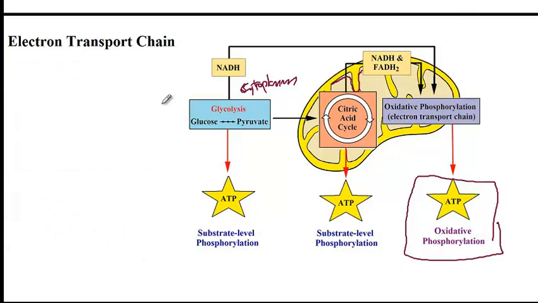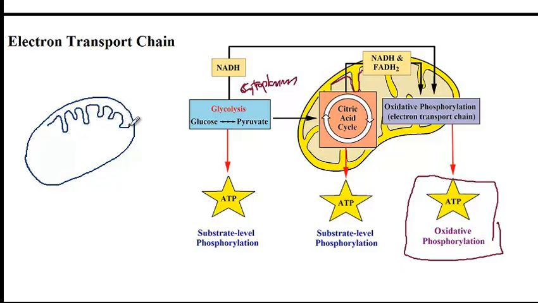So mitochondria contains an outer membrane that is permeable to most small molecules and ions, and an inner membrane that is impermeable to nearly all ions and uncharged molecules. Now the inner membrane forms folds called crista, or cristae in the plural.